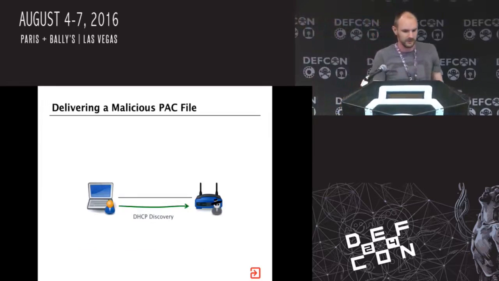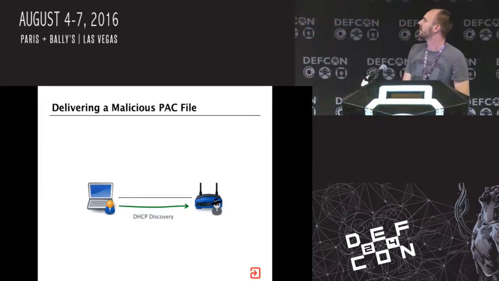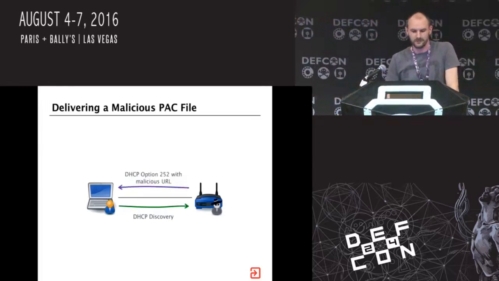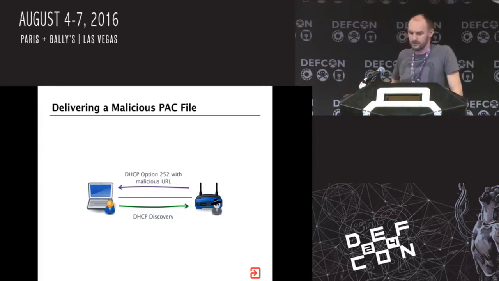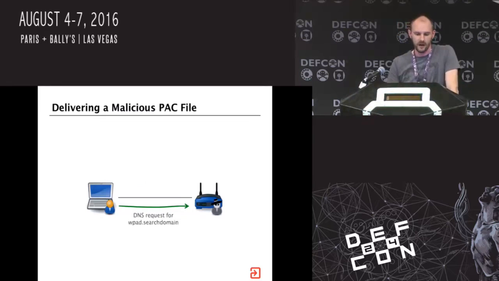So yeah, just a really quick overview of how these things get pushed out. So a laptop on a network asks the router for DHCP options. The router can then respond with option 252, which is the URL to a pack file that the system will then go download and use as its pack file for choosing proxies to get out to the internet.